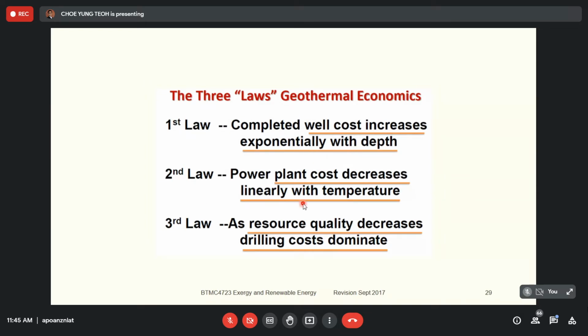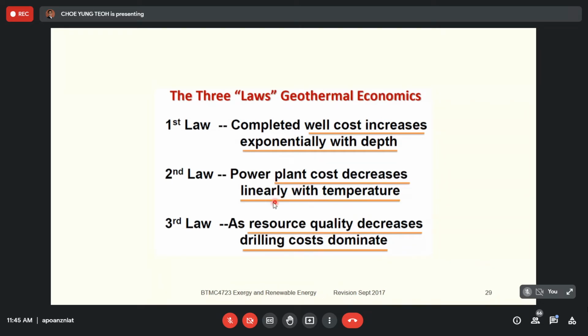Second law: power plant cost decreases linearly with the temperature. When you have a higher temperature, the power plant cost will be cheaper. It means that you will generate more power with the same size of power plant. So per unit megawatt of power output, the higher the temperature, the lower the cost.